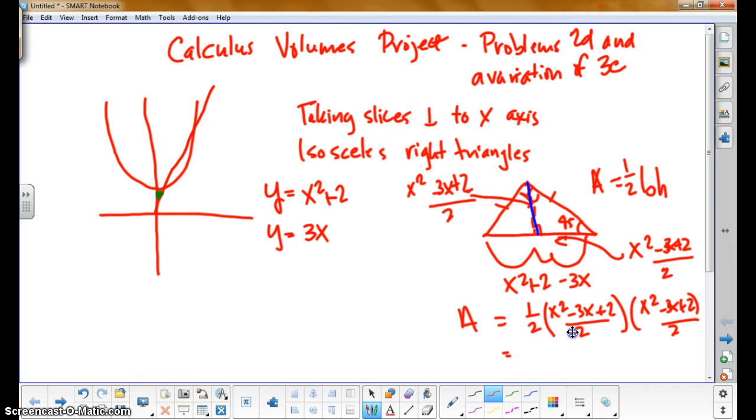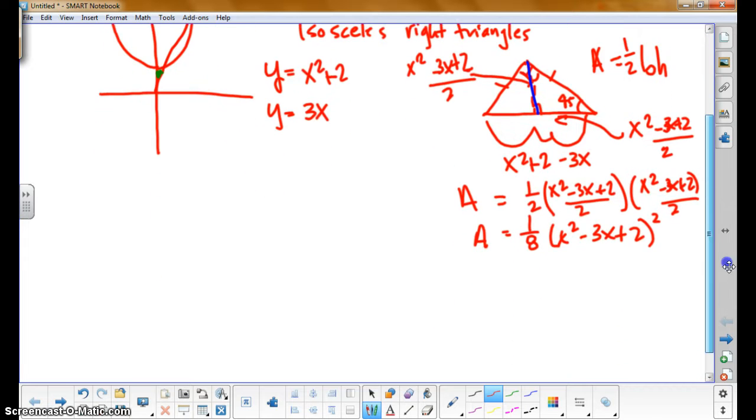So this ends up being 1/8 x squared minus 3x plus 2 quantity squared. Okay, so we're going to integrate the area. We're going to integrate all those little isosceles triangles and we're going to compute the bounds in a second, but we're going to say 1/8 x squared minus 3x plus 2 squared dx.